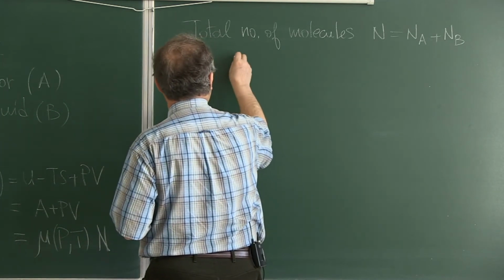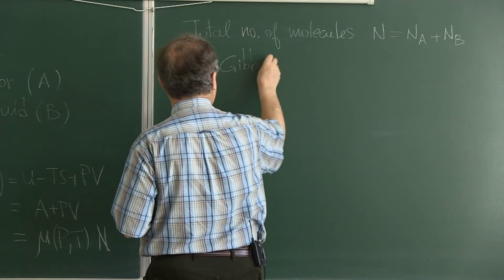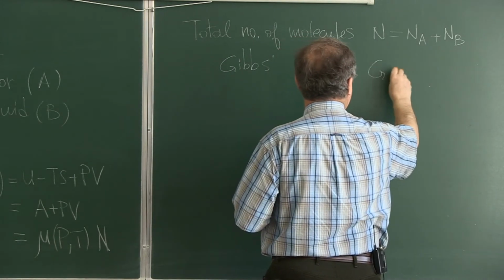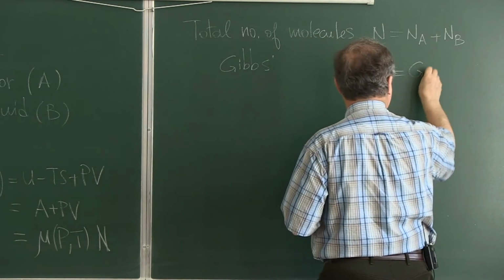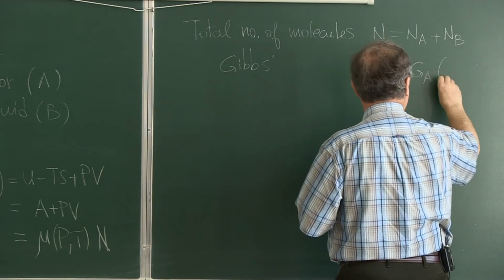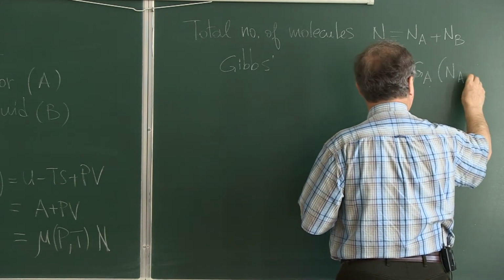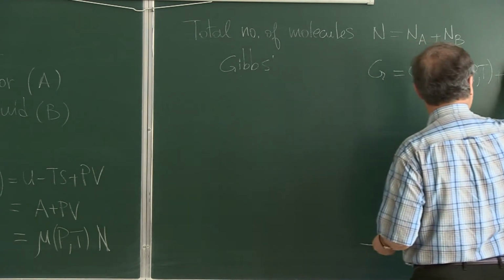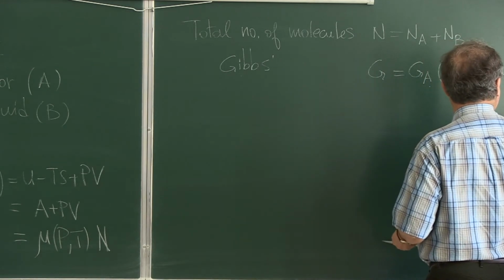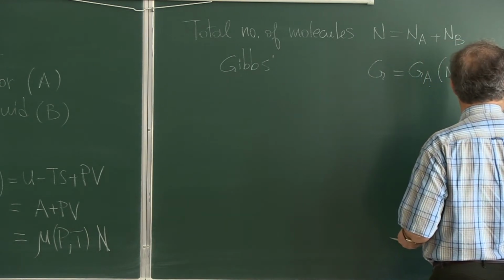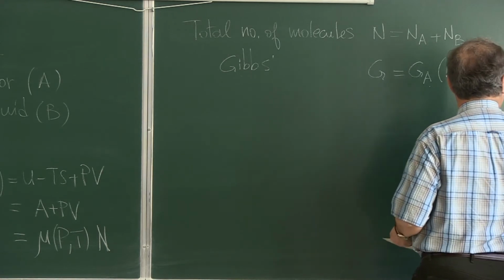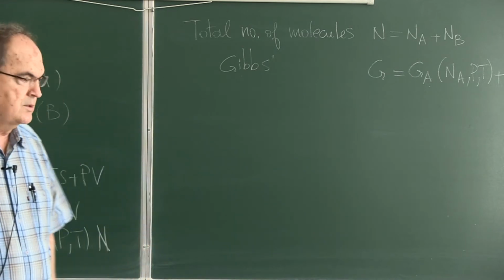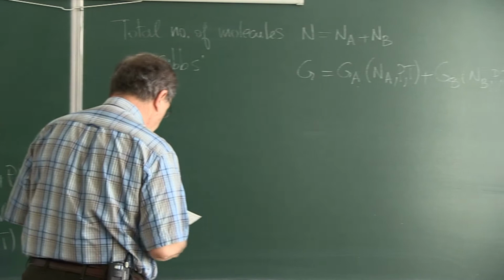And the Gibbs free energy can then be written as the Gibbs free energy of the part in phase A and the part in phase B. You can write these rather easily for this two-phase system.